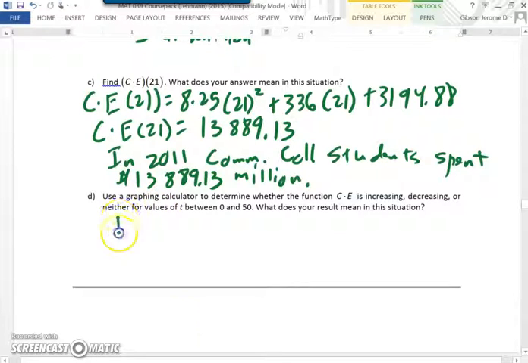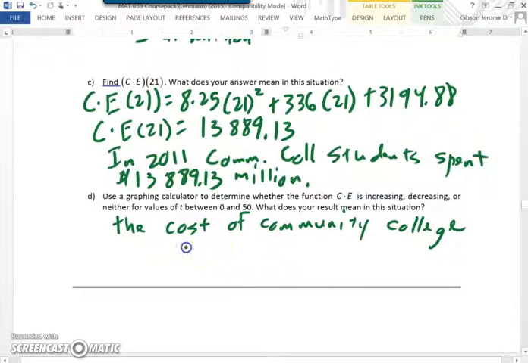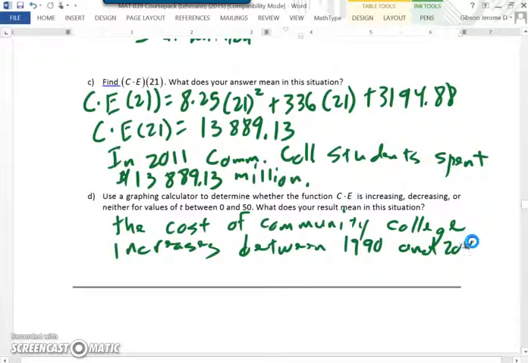So we will put down, after you put in your calculator, the cost of community college increases between 1990 and 2040.